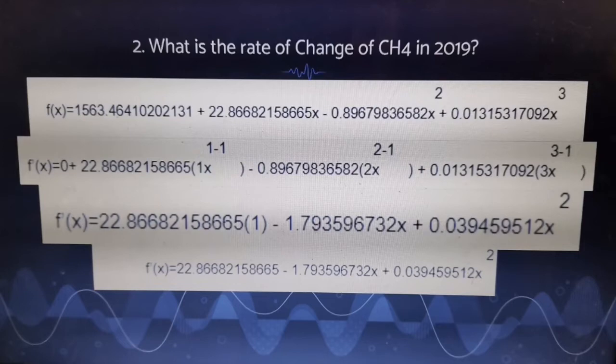The result of this is f prime of x equals 22.86 minus 1.79x plus 0.03x to the second power.